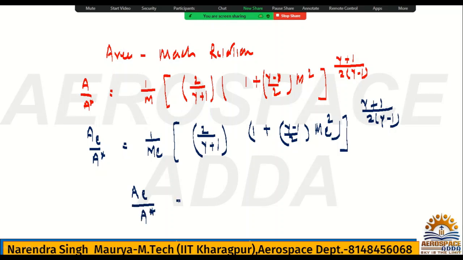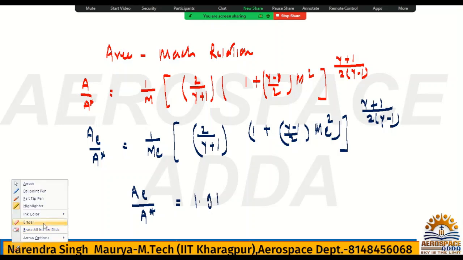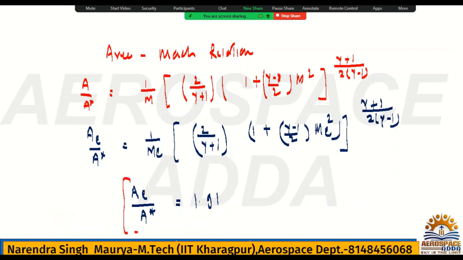If you calculate, check. So here it is nothing but 1.91, I can say. This is the approximate value of A by A star. If you go accurately to 2 digits, then maybe the data changes a little bit, but yes, I'm writing 1.91 here. Okay.